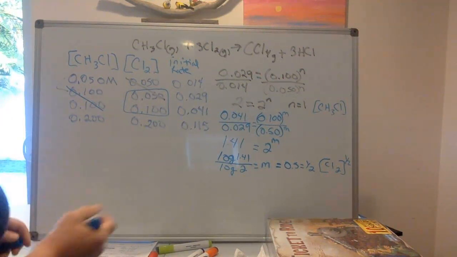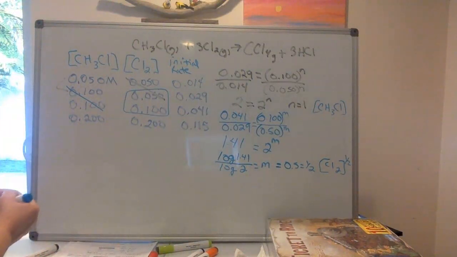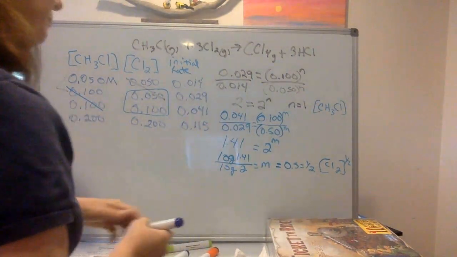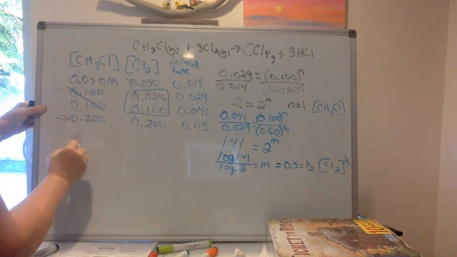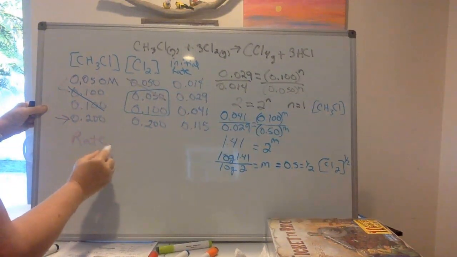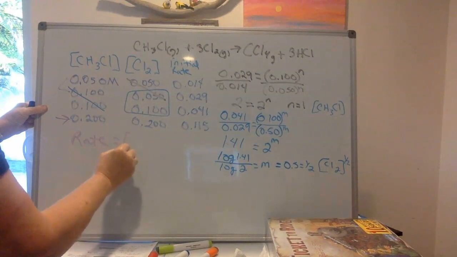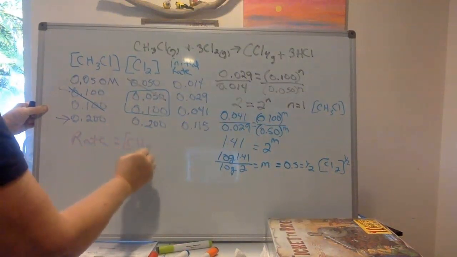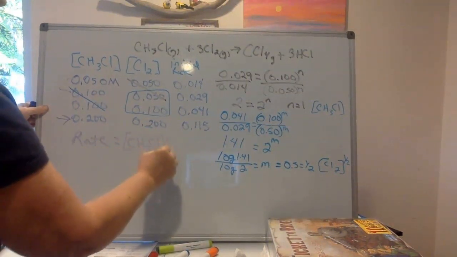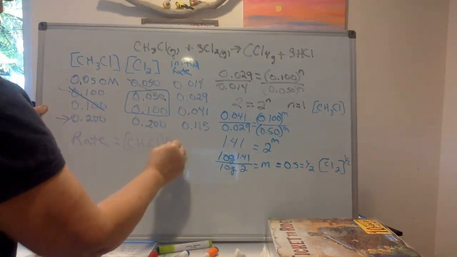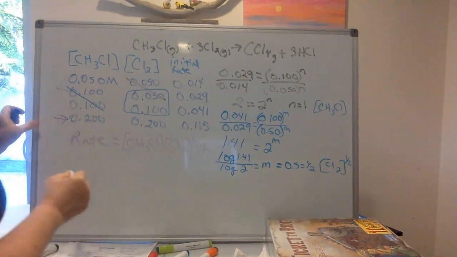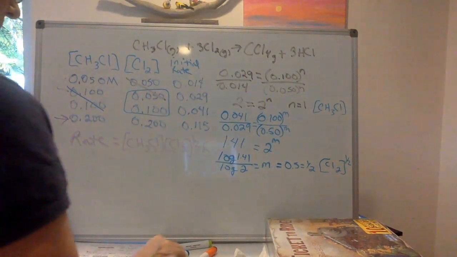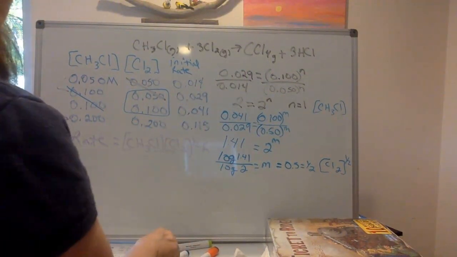Now the last step is to calculate K. So what we're going to do is plug it into this one. So we're going to have the rate equals the concentration of the CHCl3 to the first times the concentration of the Cl2 to the 1/2 times K. So we want to solve for K. So let's plug in the numbers.